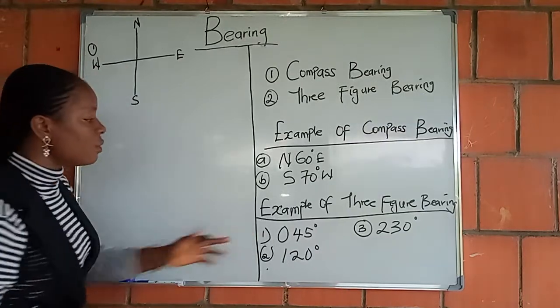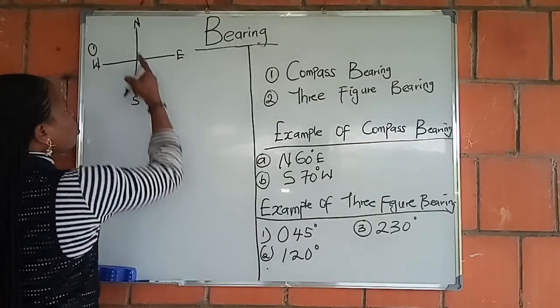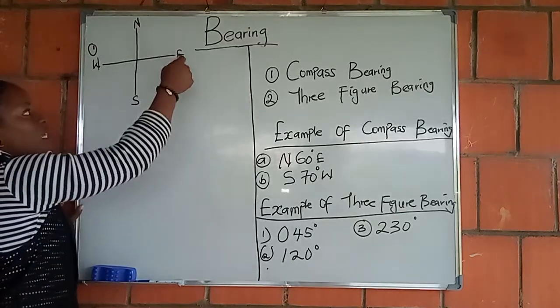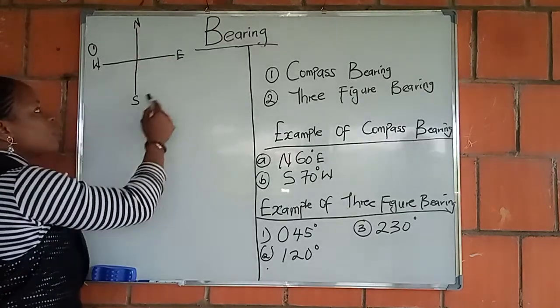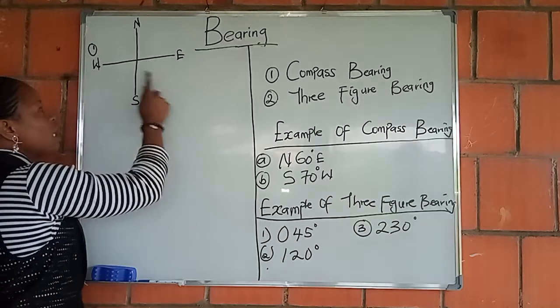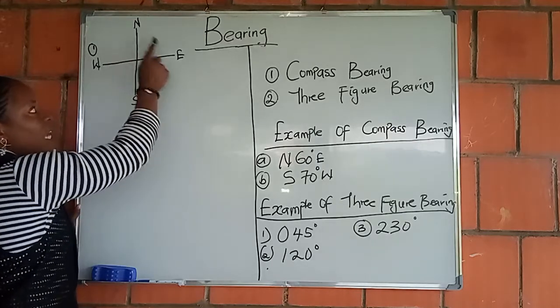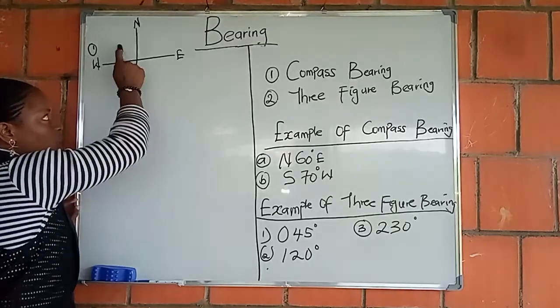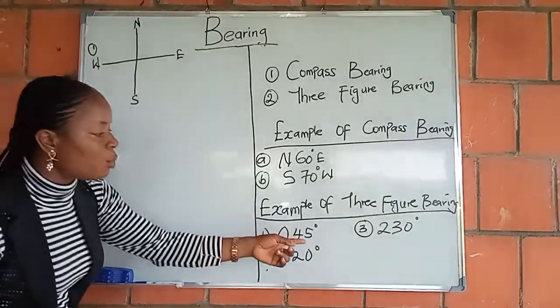I want to represent 045°. You know, each quadrant contains 90°. So if from north to east is 90°, definitely all of this is 180. 90, 180, 270, 360. 90 plus 90 will be 180. 180 plus 90, 270. 270 plus 90 is 360. But I'm looking at 45.